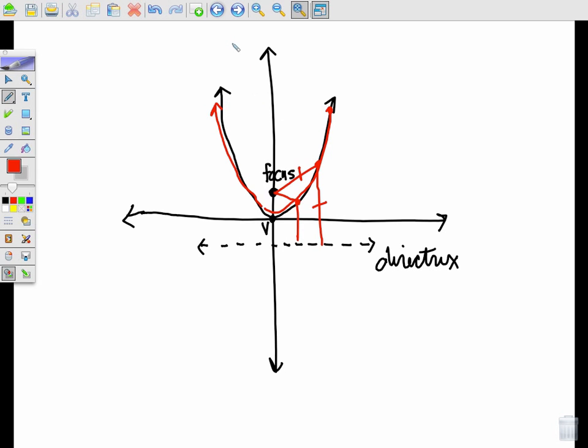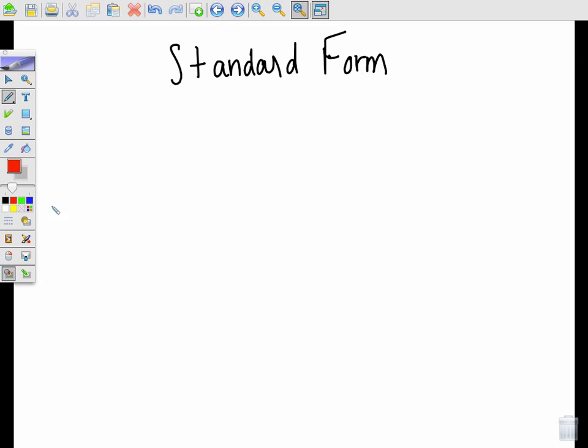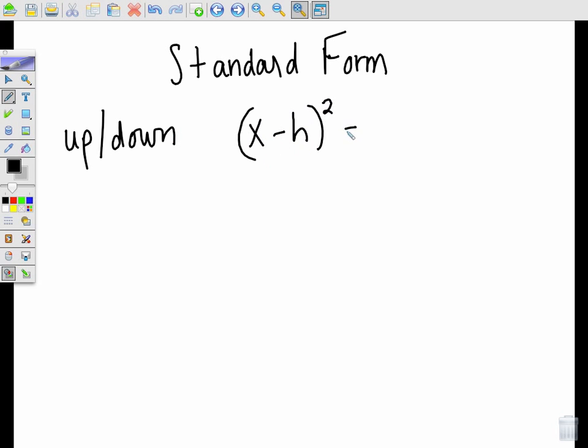We've got a lot of different forms of the equation of a parabola, and so we're going to first start with what standard form is. Standard form, and this would be for a parabola that either opens up or down, looks like this. (x minus h) squared equals 4p, and p is something that we're going to talk about in a little bit, (y minus k).